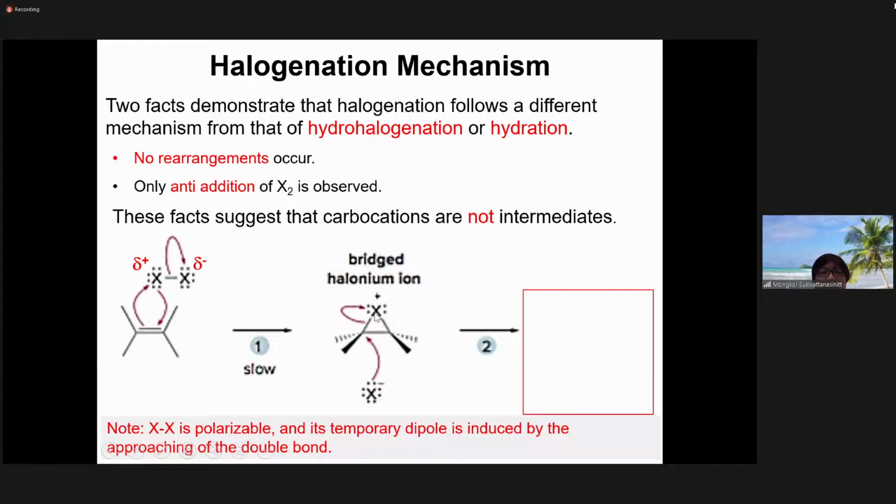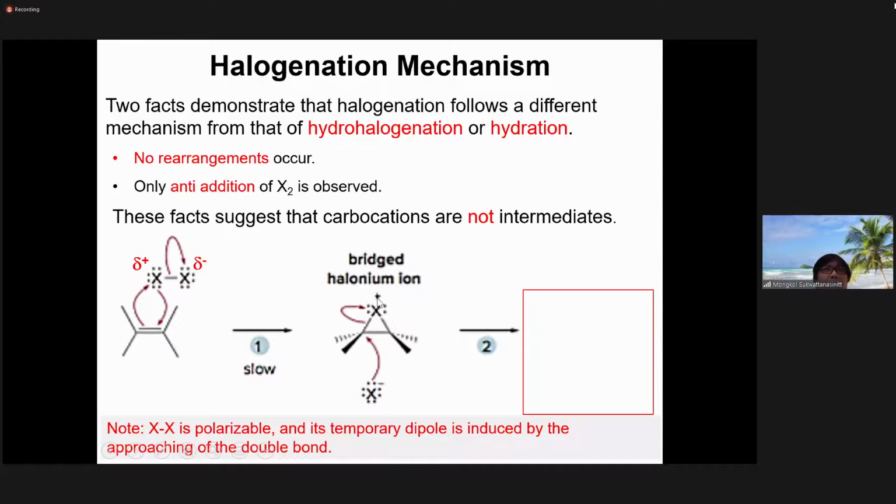Okay, but because of the stereochemistry that they observe, that is anti, there's no other way to explain this. And also they observe that in this reaction, you don't see any rearrangement occur, which means you don't get a free carbocation.